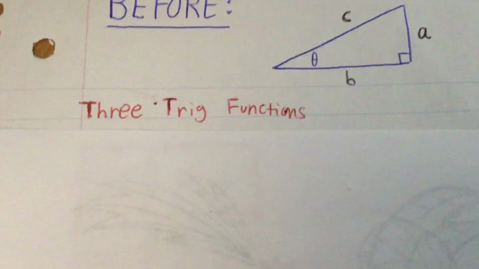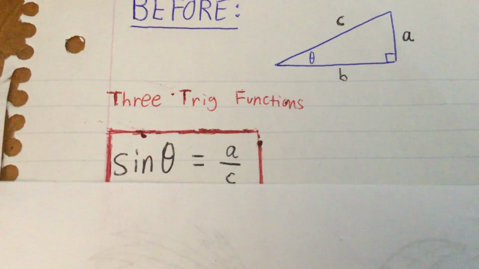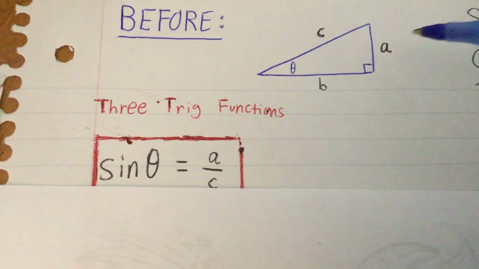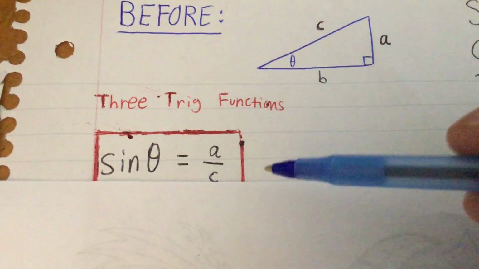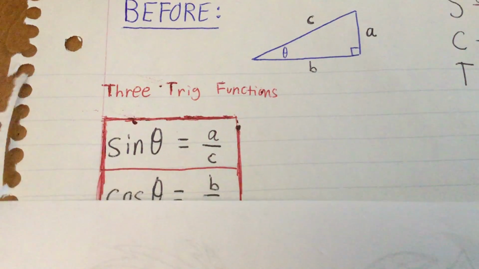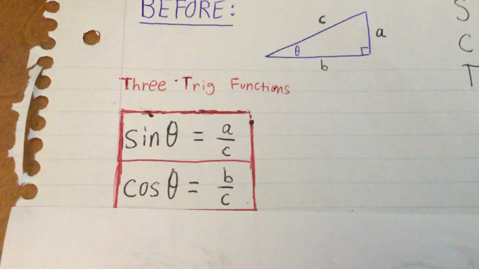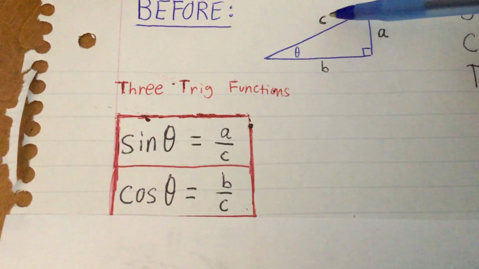So we know the three trig functions. The sine of angle theta is the measurement of the opposite side to its hypotenuse. Therefore, the sine of angle theta is A over C. The cosine of angle theta is the measurement of the angle's adjacent side to its hypotenuse.